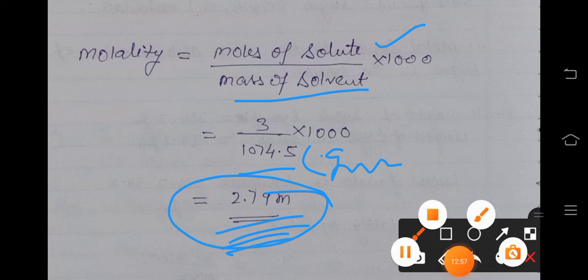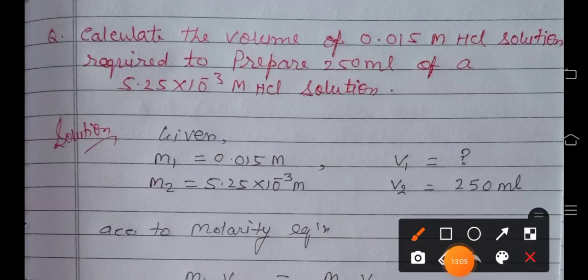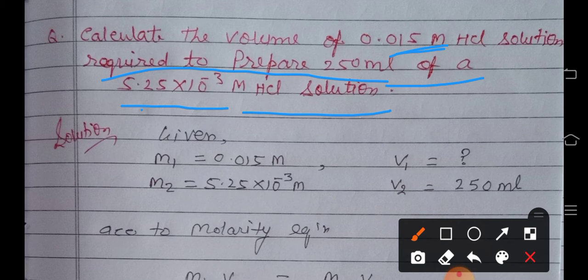Now the next question is, calculate the volume of 0.015 M HCl solution required to prepare 250 ml of a 5.25 into 10 power minus 3 M HCl solution. Here M equals molarity. Here there are two solutions.